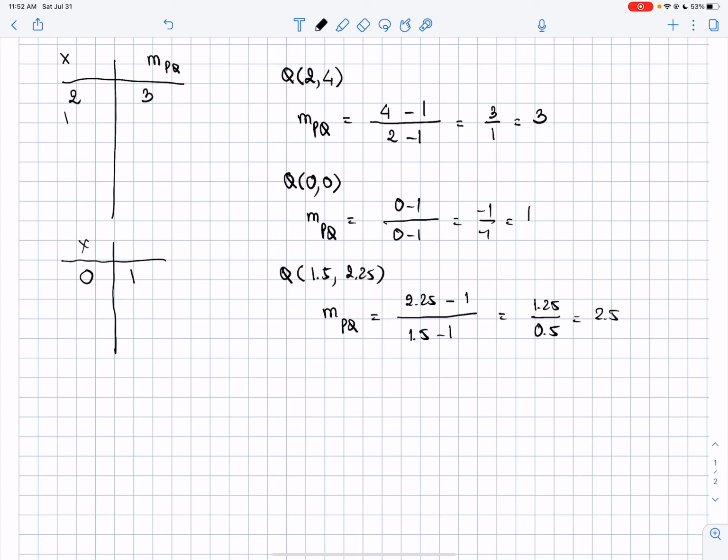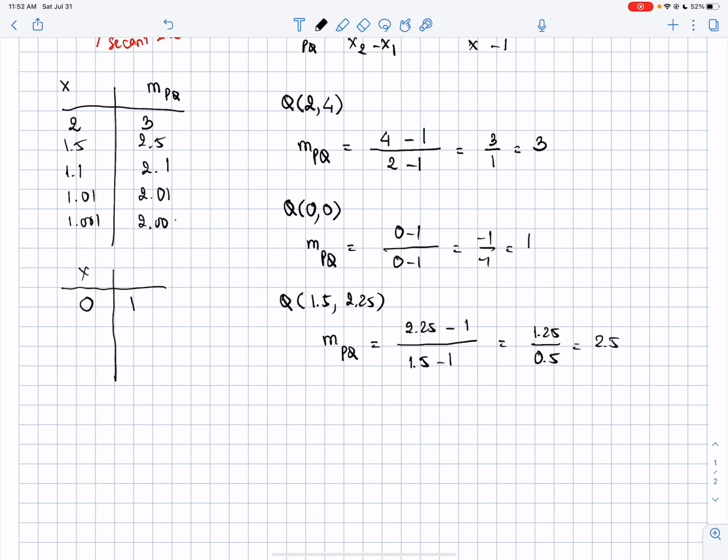We continue the process. We will make the x part of the point Q closer and closer to 1. Then we get the slopes of the secant line: 2.1, 2.01, 2.001.